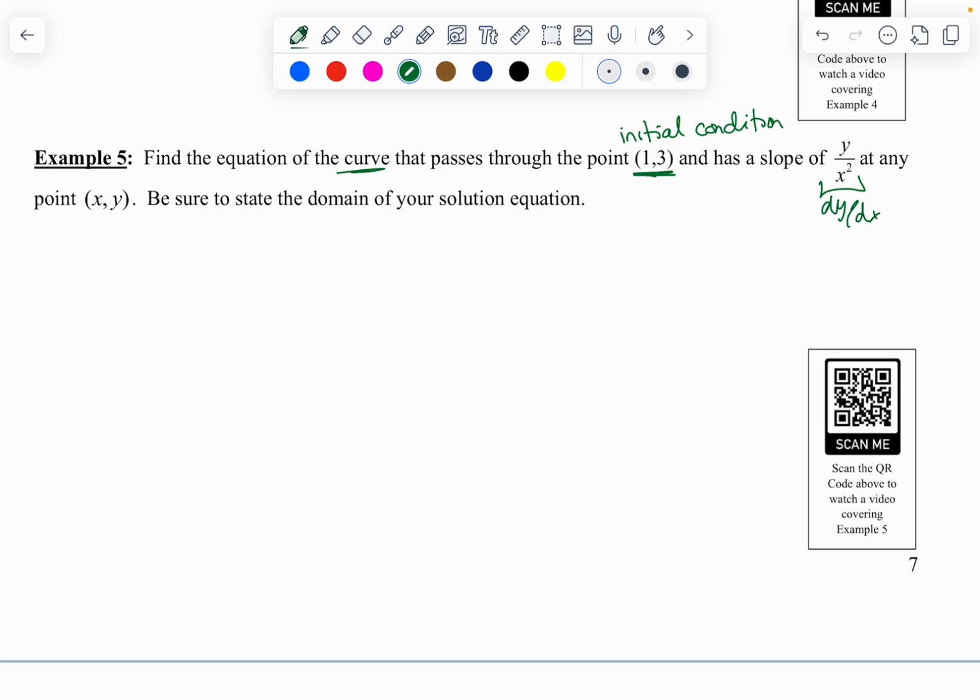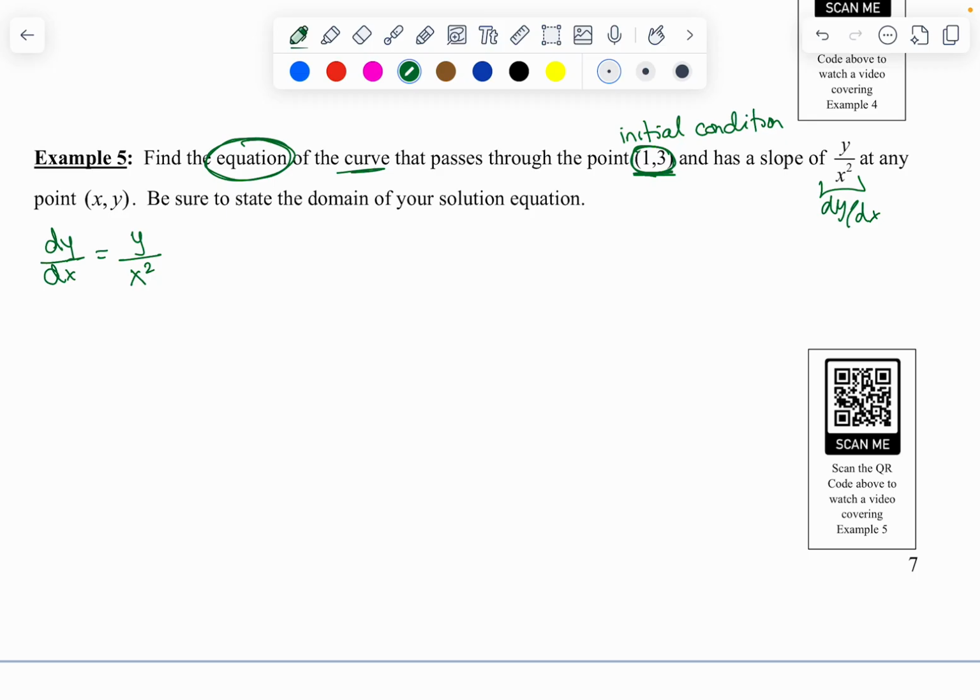So this is obviously a separation of variables problem. We're going to start off with dy/dx equals y over x squared. We want to find the equation of the original curve, so we want to find the particular solution because they did give us an initial condition.